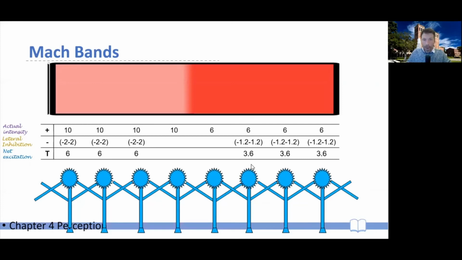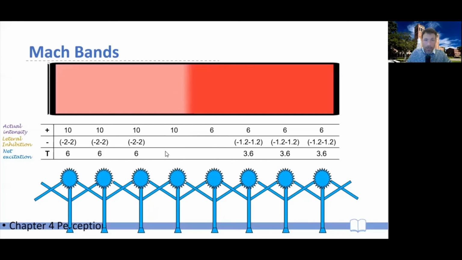So this is what happens on this side and what happens on this side. But let's look at the two middle neurons, which are the most interesting ones. See, this neuron here is receiving 10 excitation because it falls on the bright side of the band, and it's receiving minus 2 inhibition from the neuron to its left, and minus 1.2 inhibition from the neuron to its right, because the neuron to its right is receiving 6. It sends out 20% of that in neural inhibition.